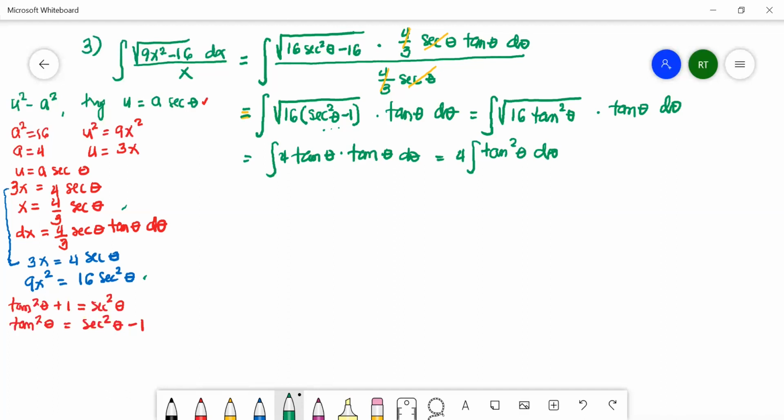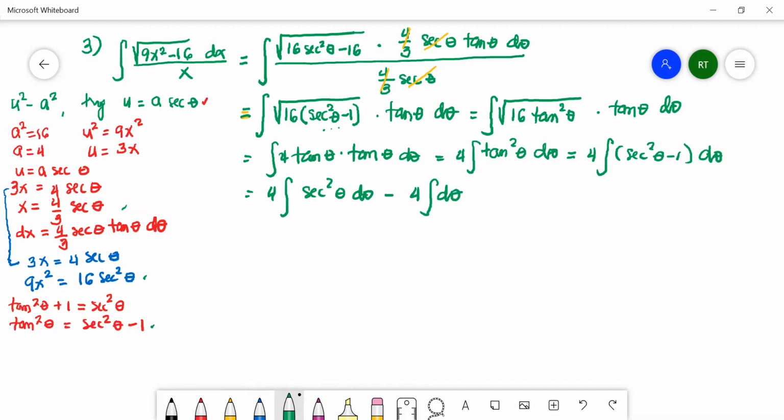We need again to do a transformation. If we do transformation, then we use the identity: tangent square of theta is secant square of theta minus 1. So this will give us 4 times the integral of secant square of theta minus 1 times the differential of theta. Expressing this as a sum of integrals and distributing 4 gives us 4 times the integral of secant square of theta d theta minus 4 times the integral of the differential of theta.